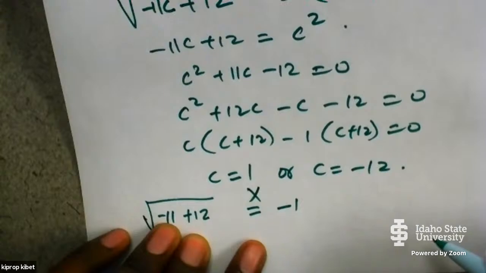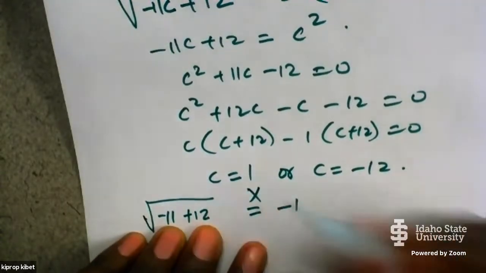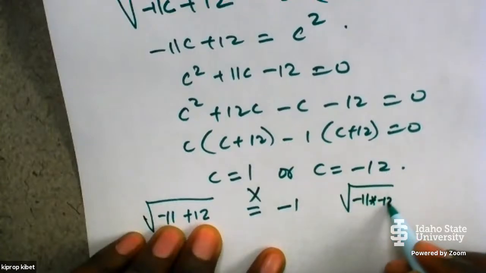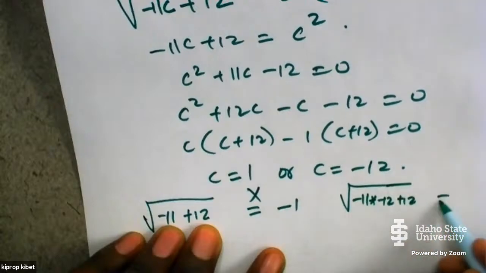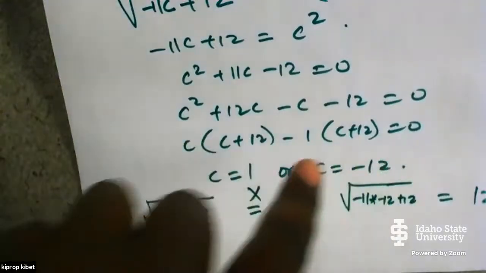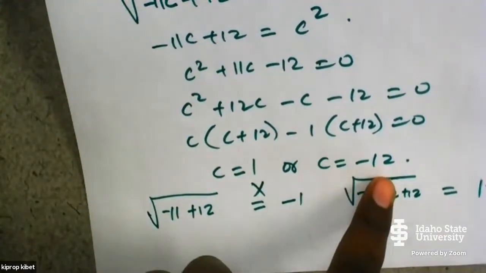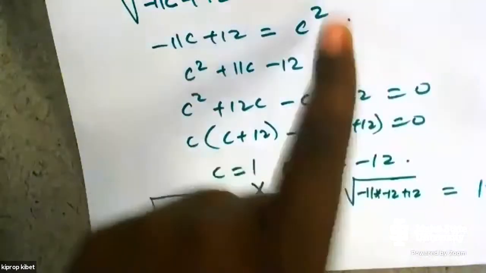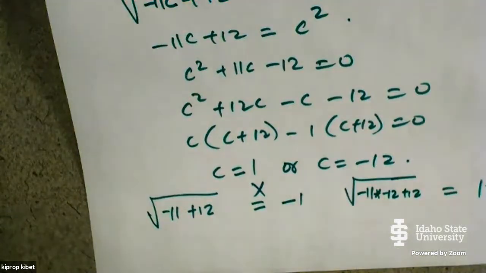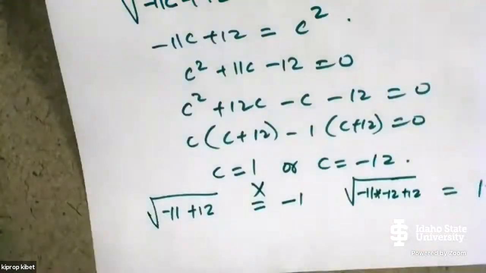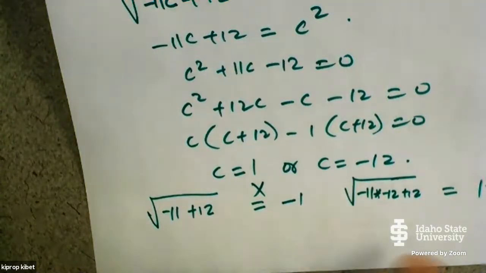The next one is minus 12. So with minus 12, the square root of minus 11 times minus 12 plus 12. Is it equal to 12? Because c is minus 12, and you're replacing c there, and there was a minus in front, so it will just be 12.